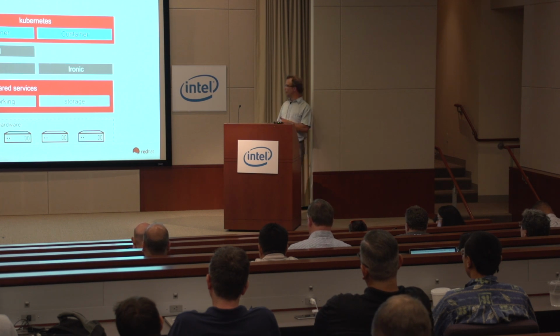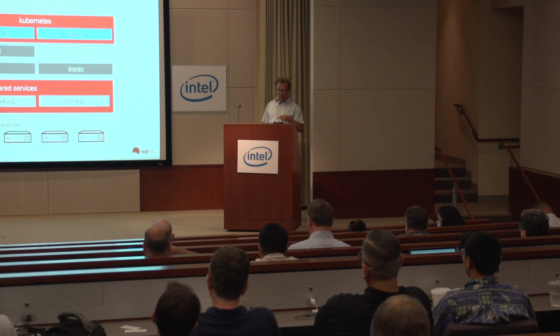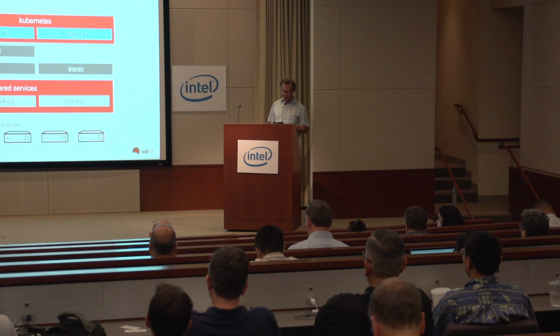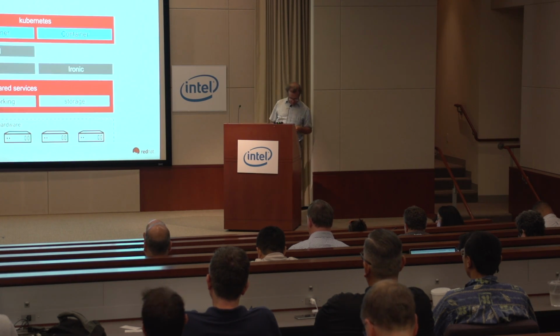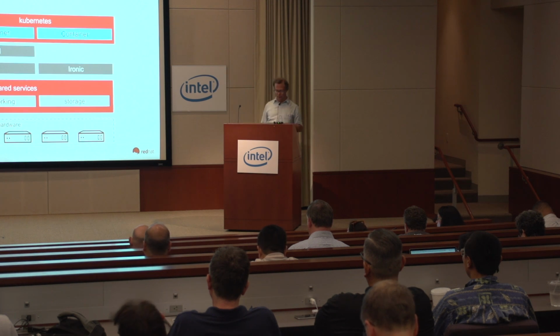Okay? If you're running virtual machines, then you have a virtual machine sitting on top of KVM, or you have your container sitting on top of the virtual machine, or the container sitting directly on the server on the right here, where you see the container sitting on the Ironic and the bare metal.